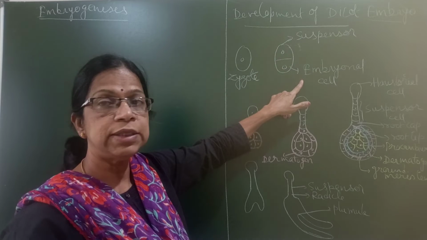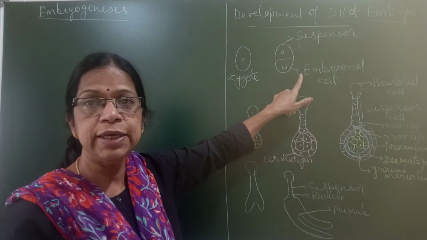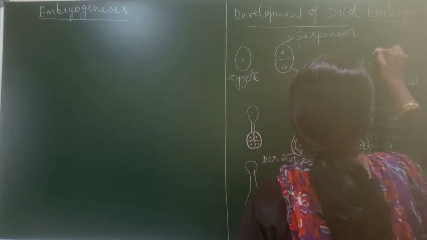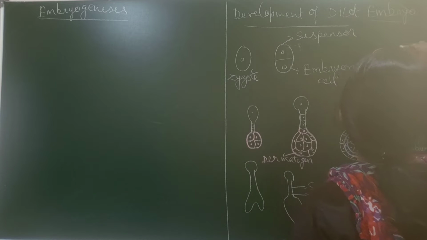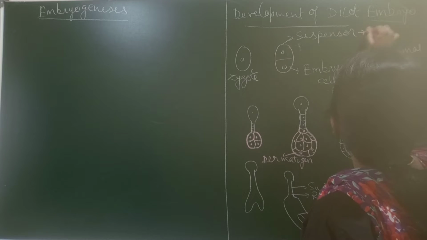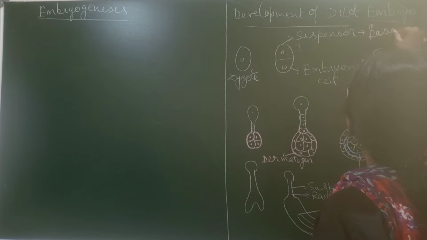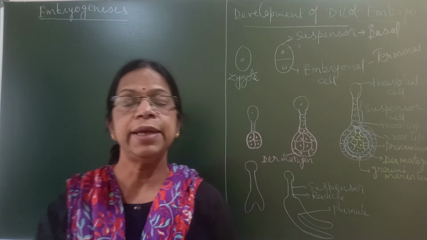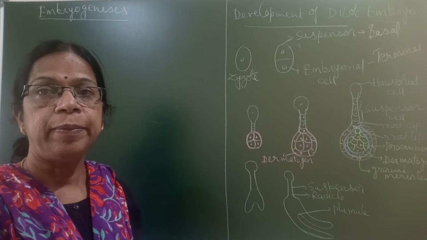This embryonal cell is also called the terminal cell, and the suspensor cell is called the basal cell. So there is a terminal cell and there is a basal cell.